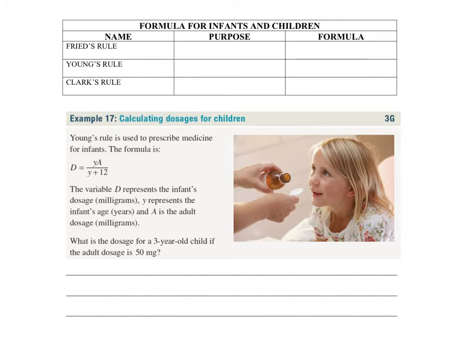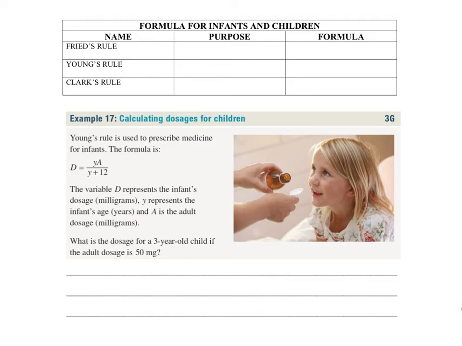For an infant, it might be half a tablet. Because of body size, you need different dosages. And they'll give you these formulas, because we're not expecting you to remember the formula, but we are expecting you to be able to apply it.